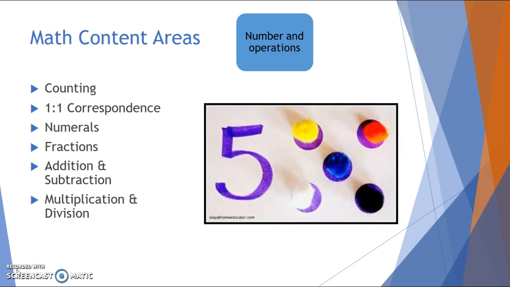Also note, this is a hands-on activity. A child would presumably take these 5 pom-poms and place them one-to-one on each of those purple dots. As we know as early childhood educators, it's very important to give children lessons that involve hands-on and tangible things.